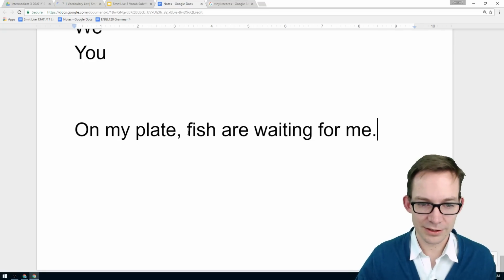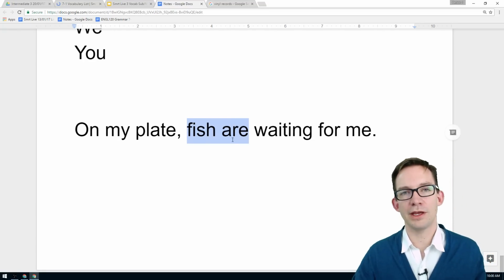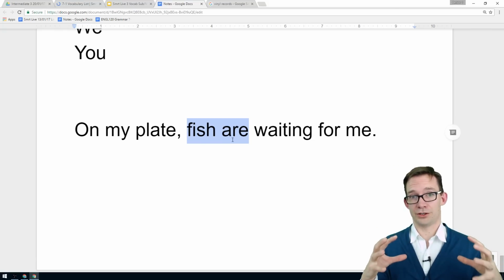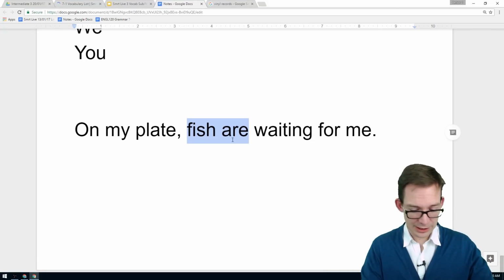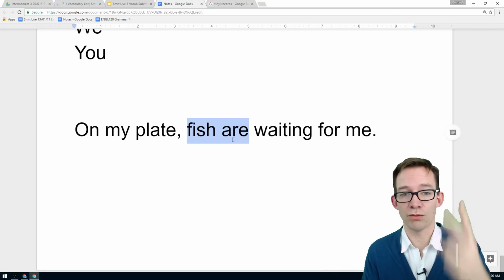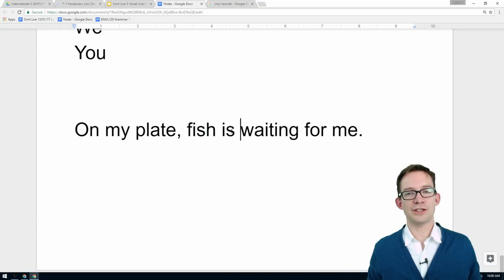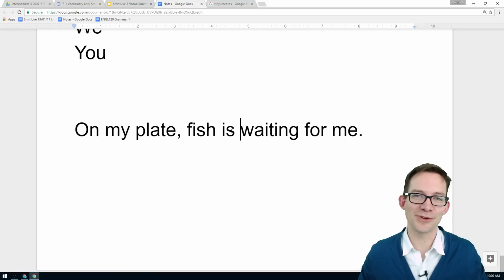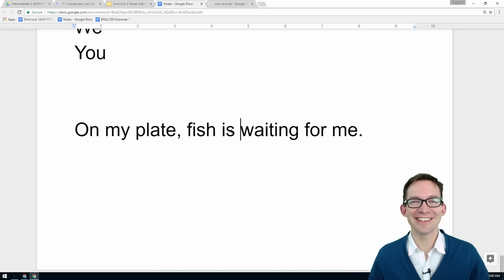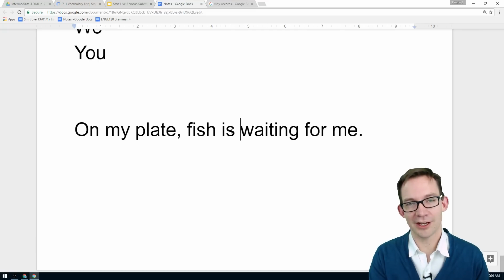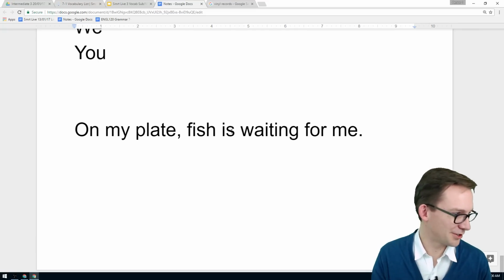But if I say fish are waiting for me, that means I have at least 2 whole fish, okay? I need the whole fish, and I need 2 or more, right? If you just say fish is waiting for me, which still is kind of a strange thing to say, but it's a good sentence, here you're just talking about the meat of fish.